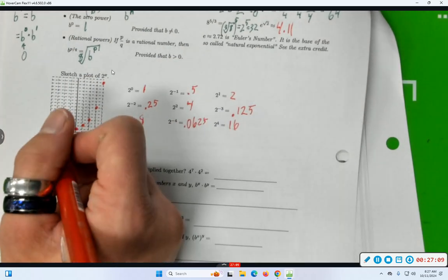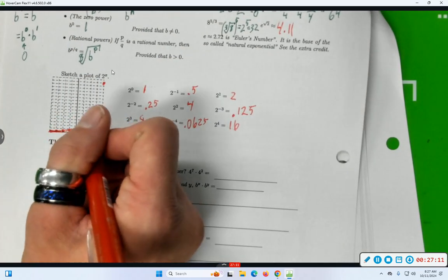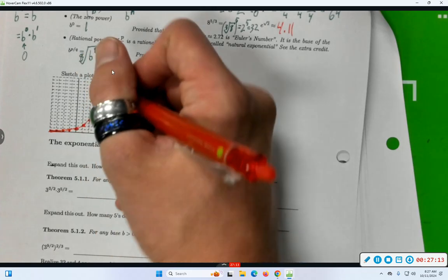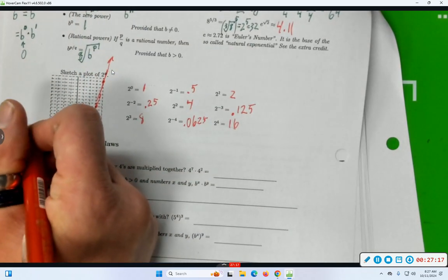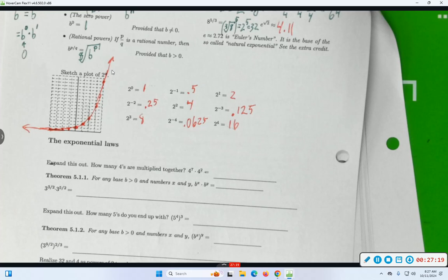And as is standard, I'll interpolate between to see what shape I get. Nice. So there we see the graph of the exponential function with base 2. And you know what? Since we have this graph written down now, what are some things you notice about this graph? What's some behavior that you see?